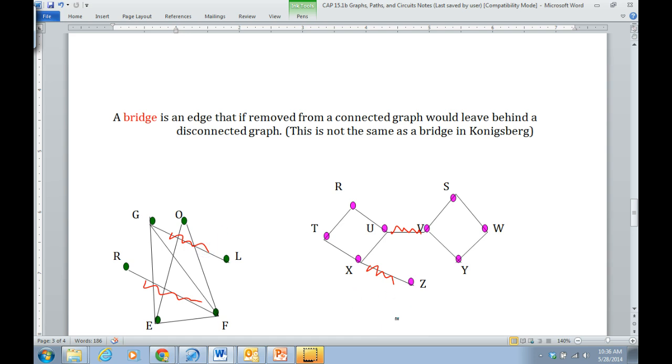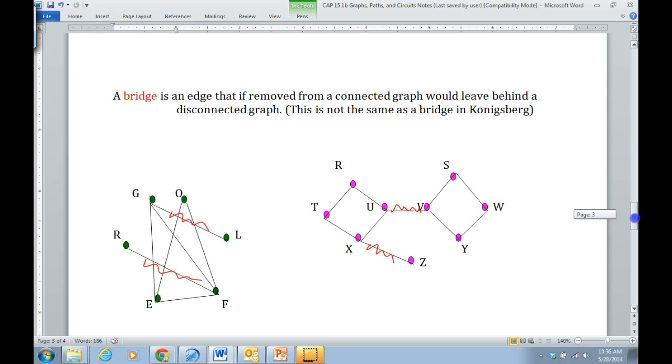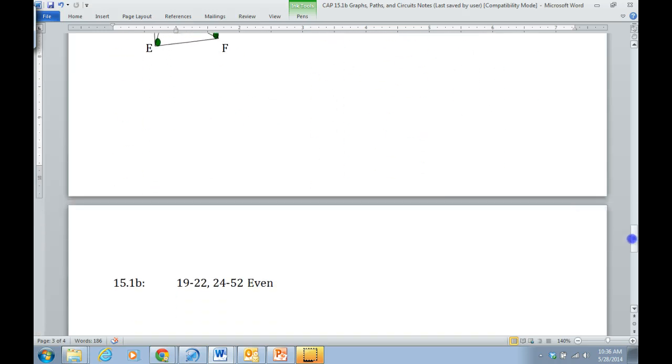Those two edges, if I removed them, would leave an open vertex sitting there. But if you were to look at the other edges on the graph, there's not any one that you could remove that would make it disconnected, because they already have another edge coming from it. All right? So that is pretty much the end of section 1 in chapter 15, and your assignment for today is this. Okay?